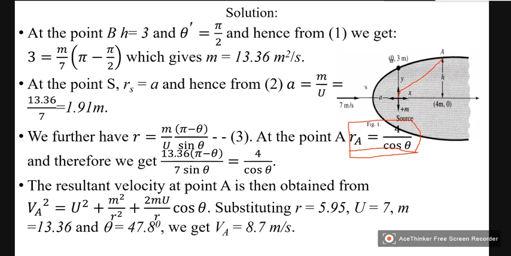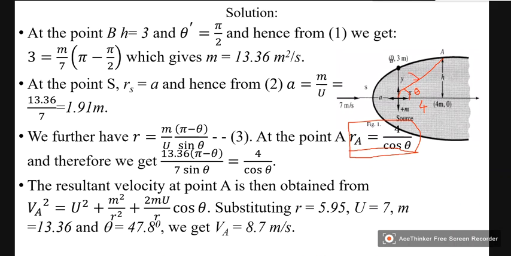So cos theta is equal to, what is cos theta? Cos theta is adjacent side by hypotenuse.